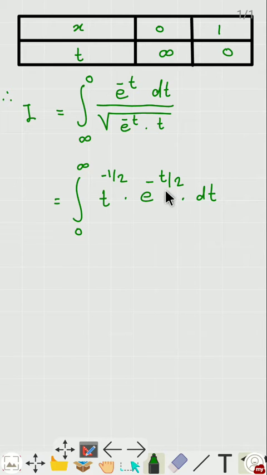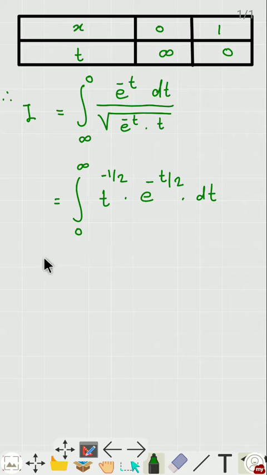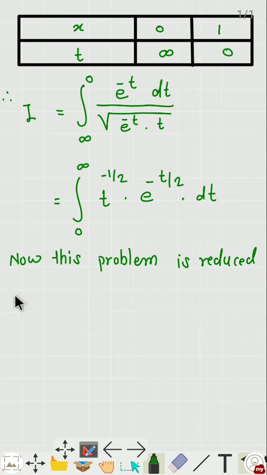Now this problem is reduced to type 1. Now we have to use the substitution once again.